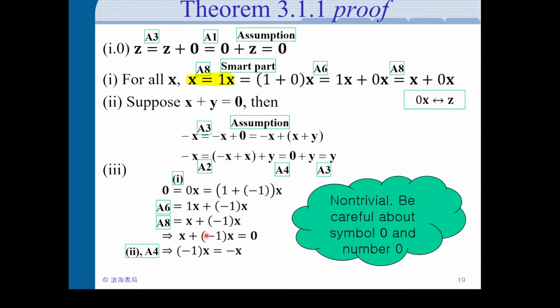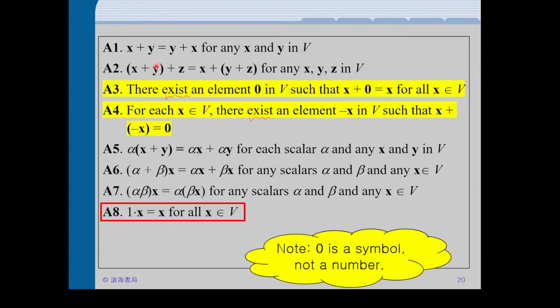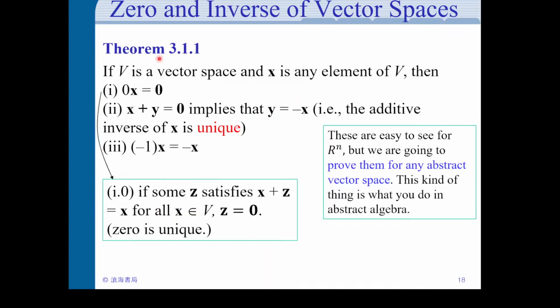And so this is really simple. We start with z, and then we say z equals z plus 0, because this is a property of 0: 0 plus any vector equals that vector. Here we are being extra careful. For z plus 0, we need to use our property A1 to show that it's 0 plus z. Because if you don't have A1, you cannot just say z plus 0 equals 0 plus z.